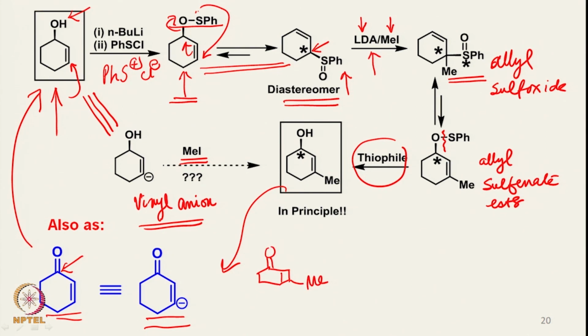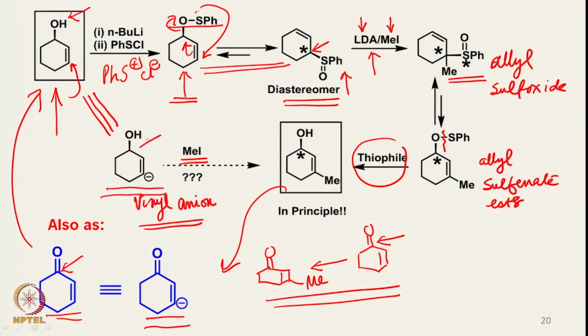So we have started with a substrate of this kind, reduced it to the corresponding allylic alcohol, then carried out this allyl sulfoxide-sulfinate rearrangement, then finally oxidized to go to this. So through this process we are having two different types of equivalents. One is a vinyl anion equivalent of this kind with a hydroxy grouping here, and the other is a vinyl anion equivalent of an enone.